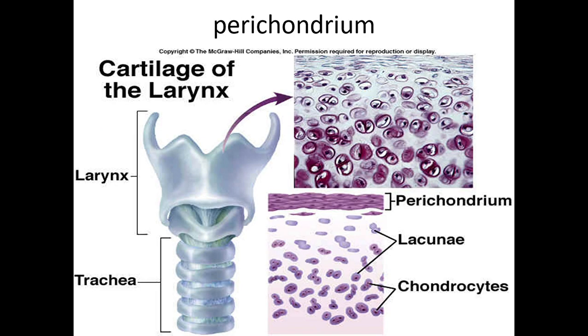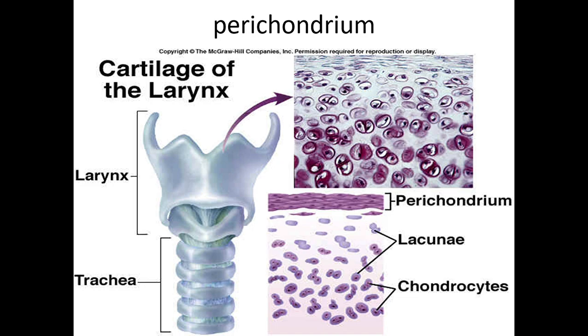Okay, so we have here an illustration of cartilage in the body, in the larynx and in the trachea. Wherever we get the cartilage, either from the larynx or in the trachea, the appearance under the microscope will be the same.